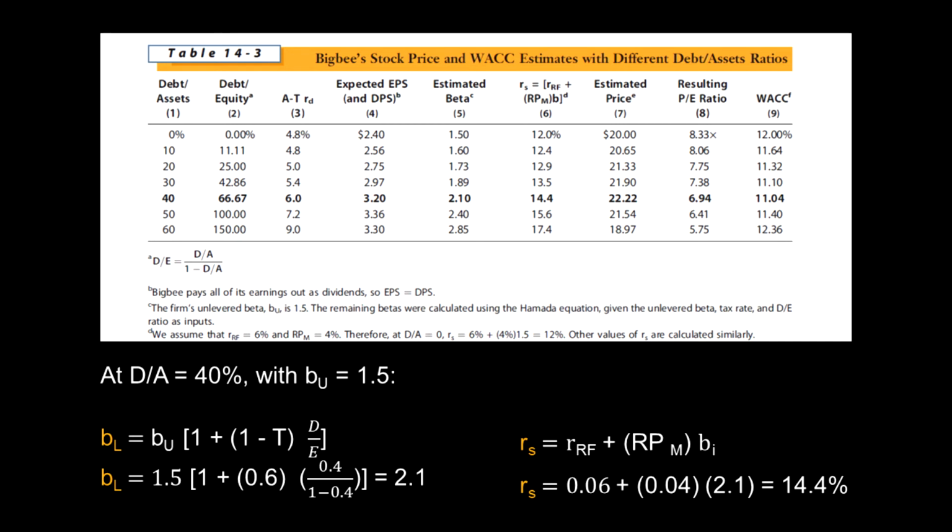So for example, at debt to assets ratio equal to 40%, B sub L will become 1.5 times 1 plus 0.6 times 0.4 over 1 minus 0.4, which is 2.1. And the cost of equity will become 0.06 plus 0.04 times 2.1, which is 14.4%.